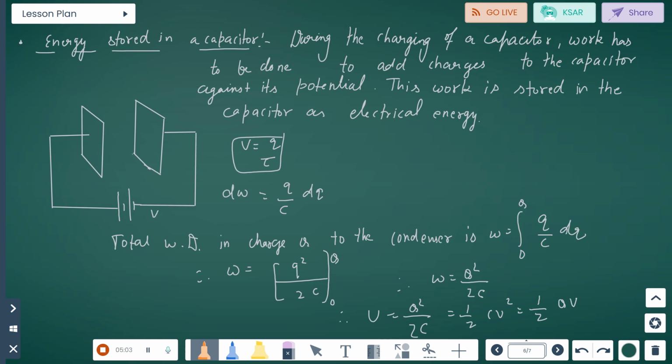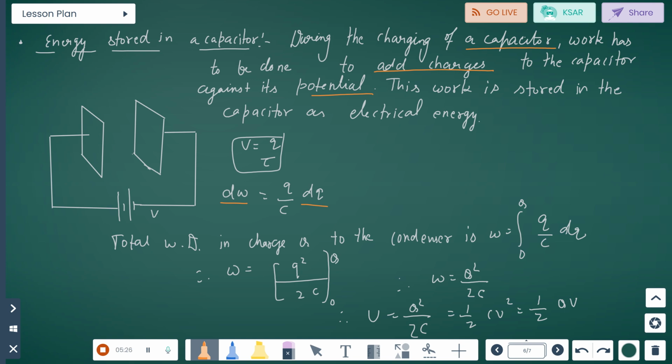Energy stored in a capacitor. During the charging of a capacitor, work has to be done to add charges to the capacitor against a potential. This work is stored in the capacitor as electrical energy. So V equals Q by C. For work done, dW equals Q by C dQ.